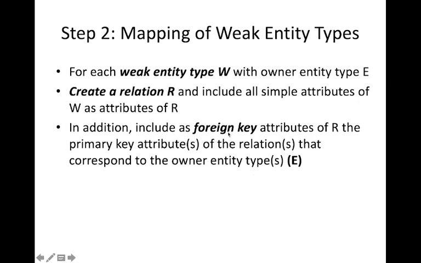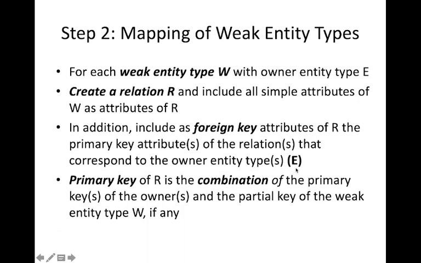So we take a foreign key attribute for the newly formed relation, and that foreign key attribute should be the primary key attribute of the owner entity E. So we make a foreign key.